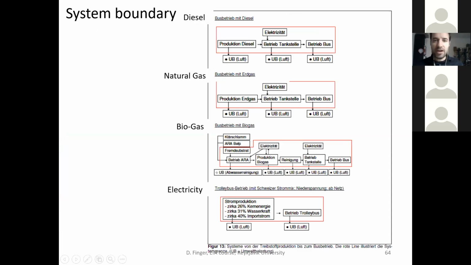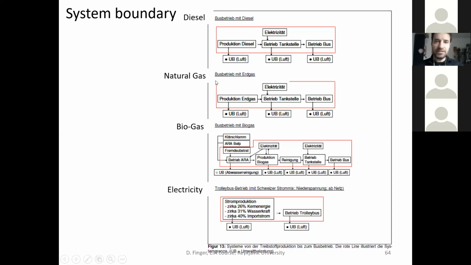We limited ourselves to, well, in the case of the diesel buses, the production of the diesel, the electricity production to run the diesel fuel station, and then the operation of the bus. But we did not take into account the production of the bus and the decommissioning of the diesel bus.